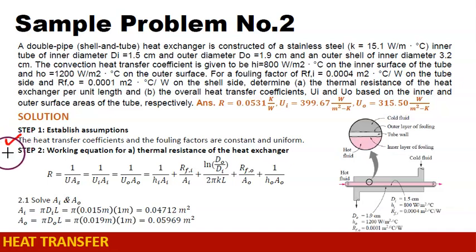So the second step is to establish the working equation for the thermal resistance. From slide number 34, the working equation for thermal resistance when fouling factor is present is in terms of this particular equation.